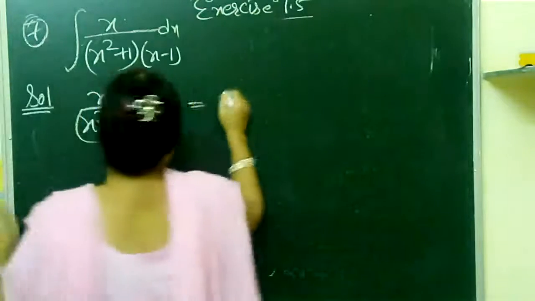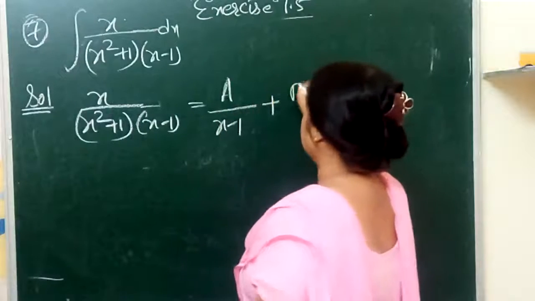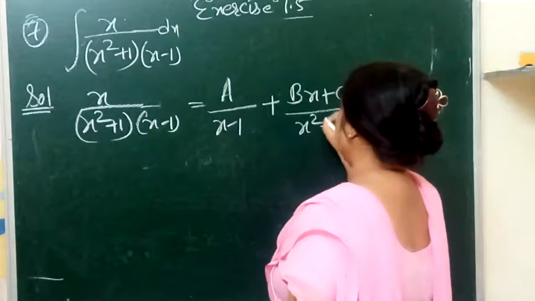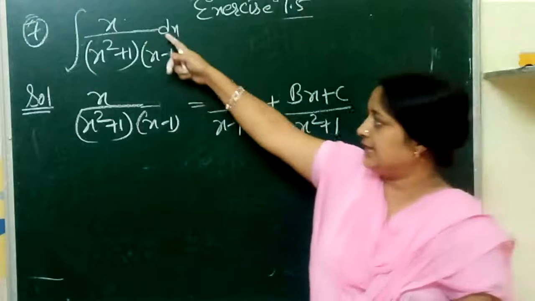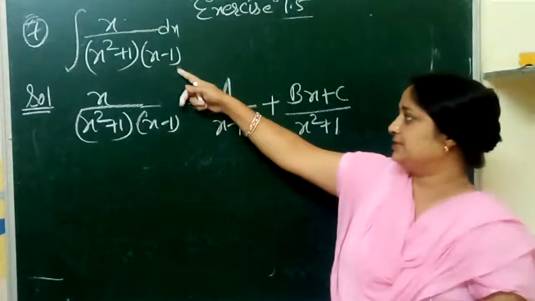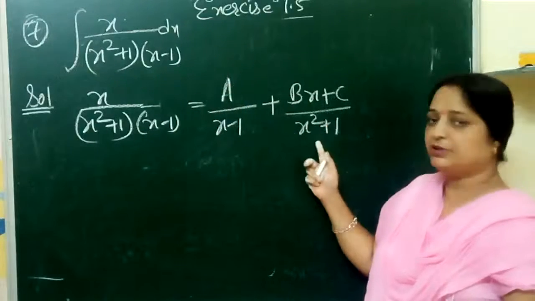So here we will use a upon (x minus 1) plus (bx plus c) upon (x square plus 1). This is the fourth or fifth formula, that is x upon (ax square plus bx plus c) into (x minus 1). That is a upon (x minus 1) plus (bx plus c) upon this term.